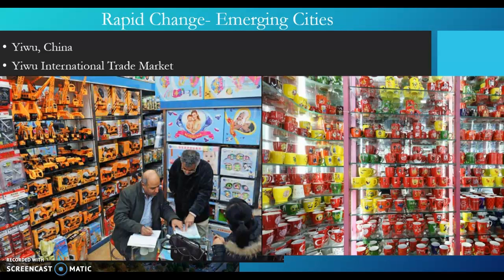So Yiwu started out in the 1980s with a few hundred stalls. It was a relatively rudimentary place. Before that, it was basically a flea market found in the interior of China. But over the last 35, 40 years, Yiwu has industrialized. So now people are producing here and then selling through the wholesale market.